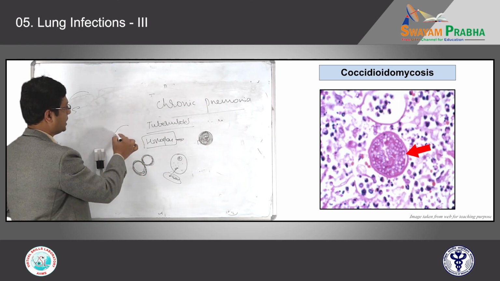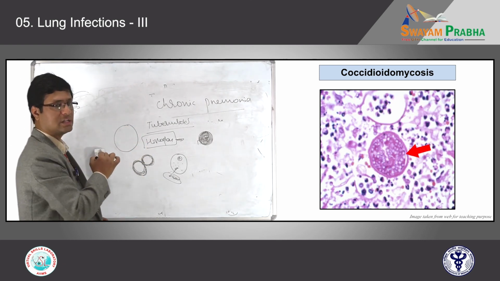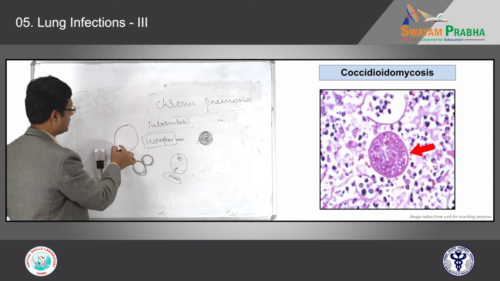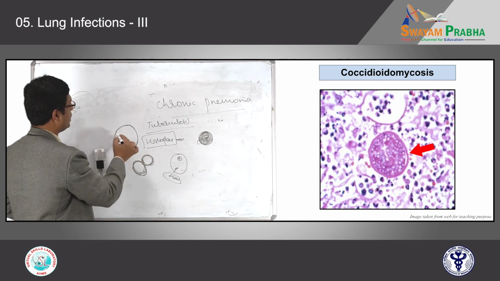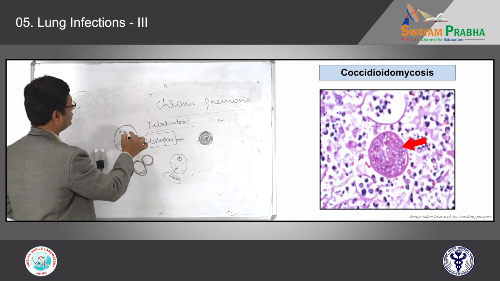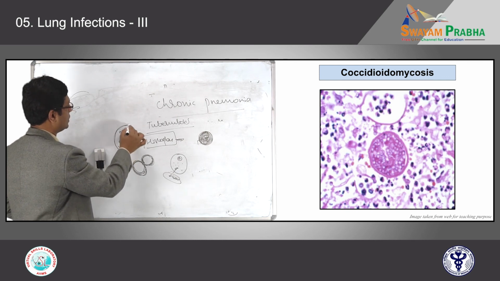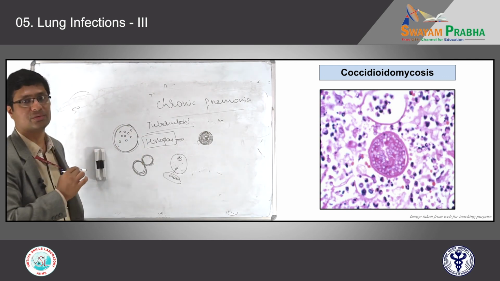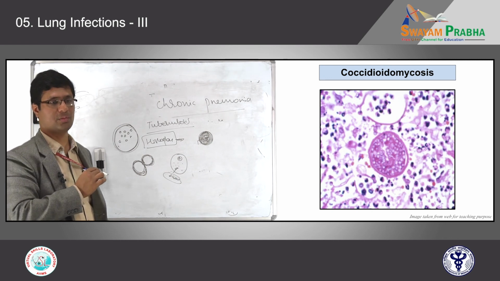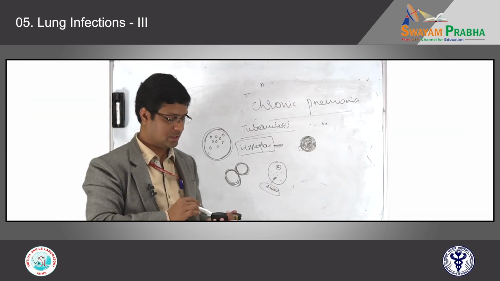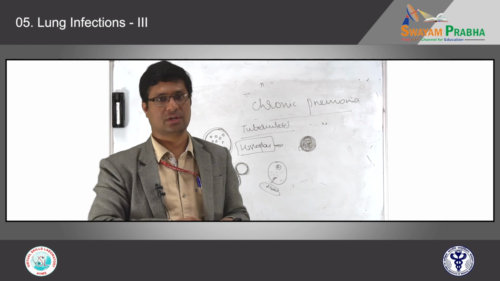Coccidioidomycosis will have big spherule-like organisms with a double thick wall, and you will see small microspherules inside the big organisms. This is how coccidioidomycosis looks. So this completes the lung infection lecture. Thank you.